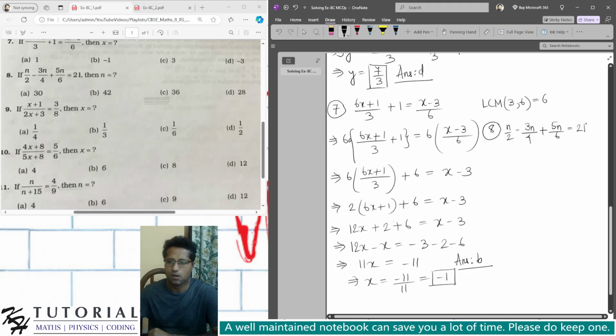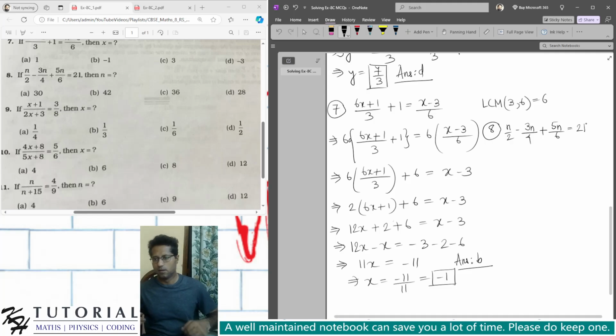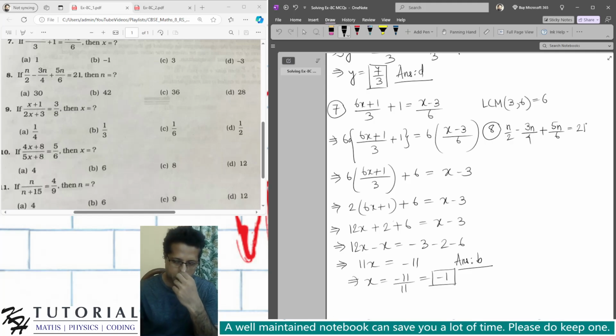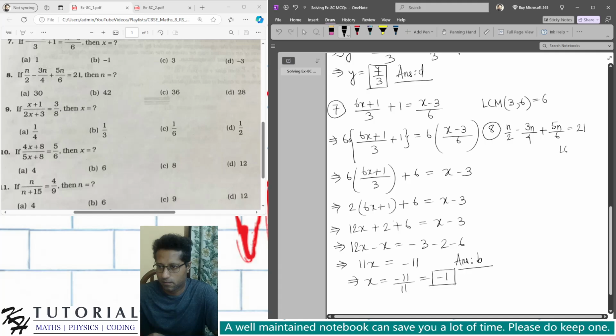So we can see all the terms of the LHS are rational terms involving the variable n, and the denominators are 2, 4 and 6. So we would like to multiply both the LHS and RHS by the LCM of 2, 4 and 6, which is equal to 12.